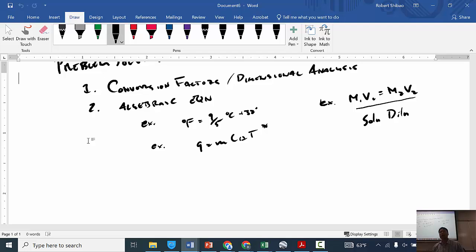Normally when we buy solutions, we buy the concentrated stuff and then dilute it down, and so this equation we use. For example, today we're supposed to make a solution. What are we supposed to do with our sodium hydroxide? So you'll want to skim the lab before coming in to see.